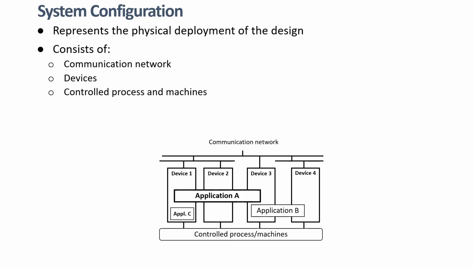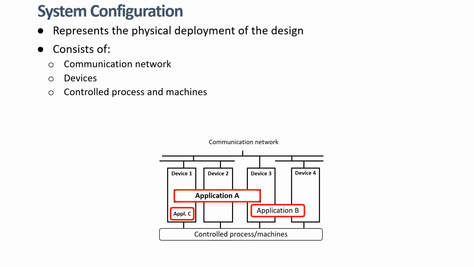The system configuration is this structure defined in IEC 61499, and it represents the physical deployment of the functional design. The system configuration consists of devices, applications that are mapped onto devices, and the communication network that connects devices with each other.